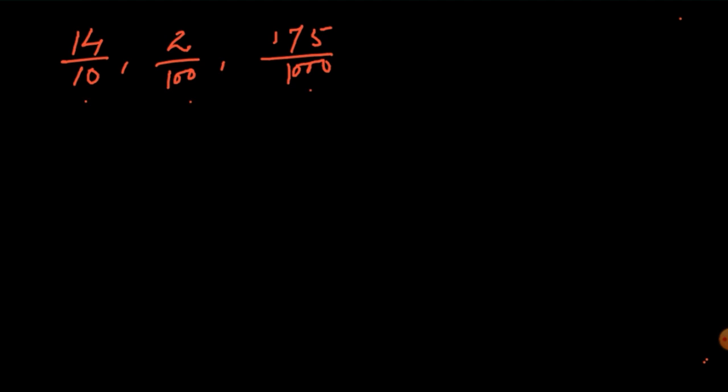What are decimal fractions? Listen carefully. All the fractions bearing denominators 10, 100, 1000, etc. For example, 14 upon 10, 2 upon 100, 175 upon 1000, where the denominators are 10, 100 and 1000.